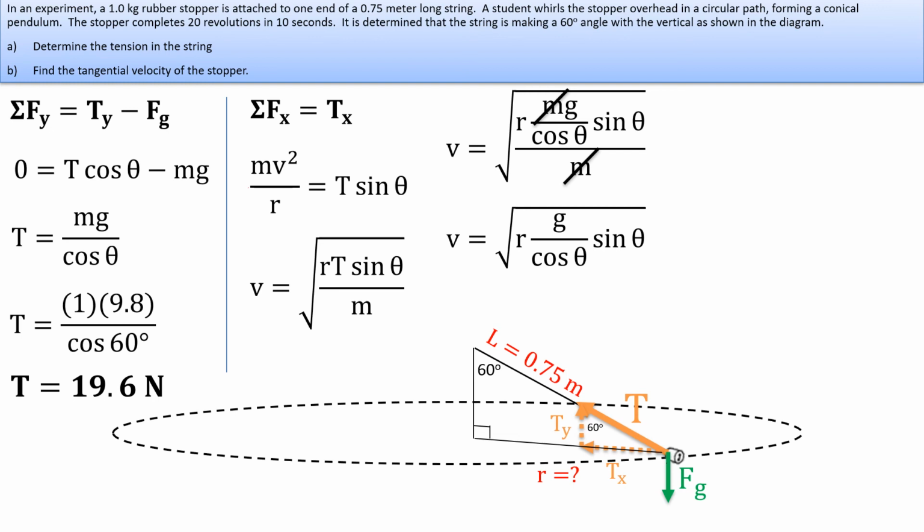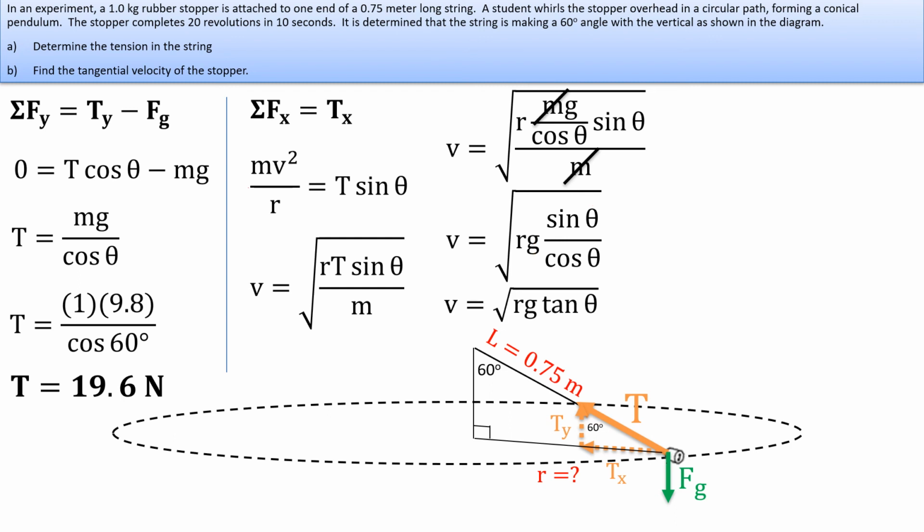And we're left with r times g over cosine theta times sine theta. And you could rearrange this as rg sine theta over cosine theta. And then this is that nice definition of tangent. So V is equal to the square root of rg tan theta. Man, this is some fun stuff. It's going to get more fun.